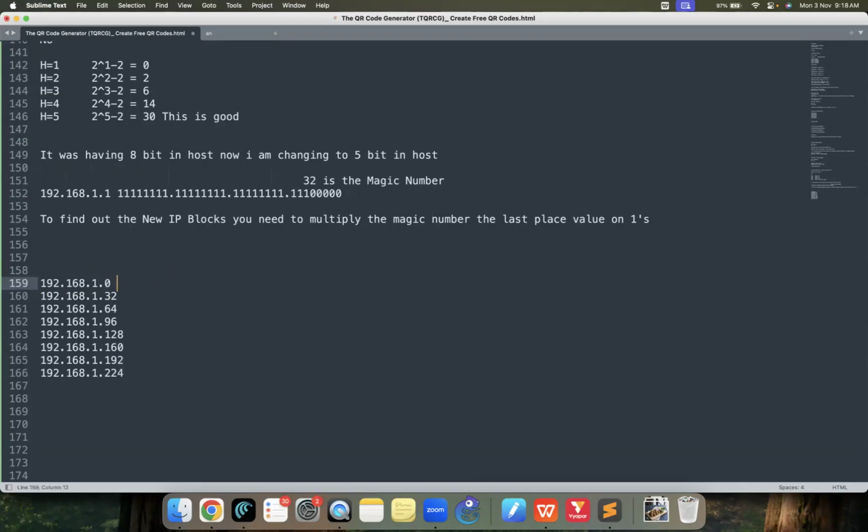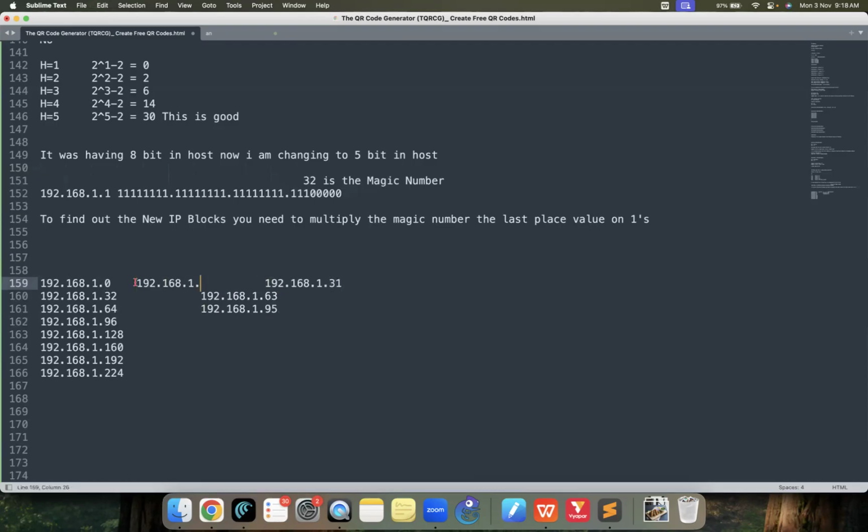The last IP will be what? 31, because 32 is here. Here, what will be the last number? 63, because 64 is there. Last number 95, because 96 is here. This is called network ID. This is called broadcast ID.